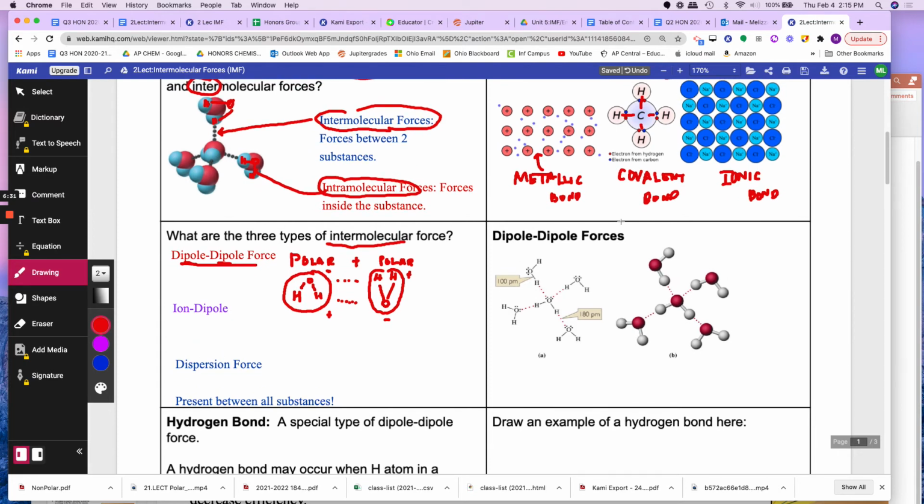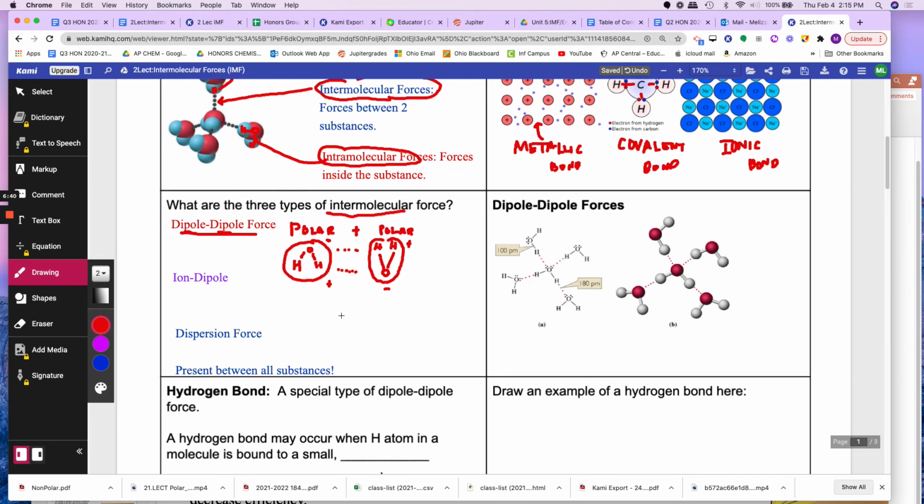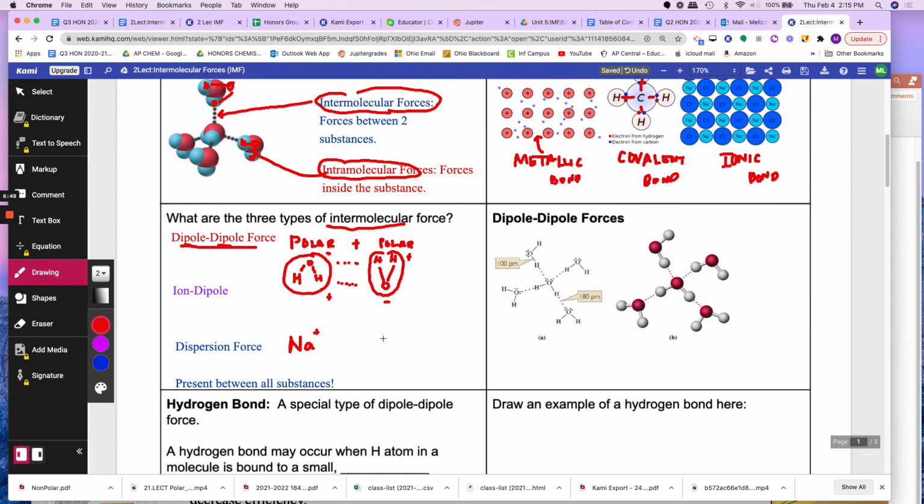The other one is called ion dipole. And this is how salt, like sodium chloride, is dissolved in water. As you can see, sodium here is an ion, Na plus ion. As water goes into this ionic lattice structure, the oxygen part of the water, which is partially negative, will have ion dipole forces with the sodium ion and pull it away from the lattice, therefore dissolving it.